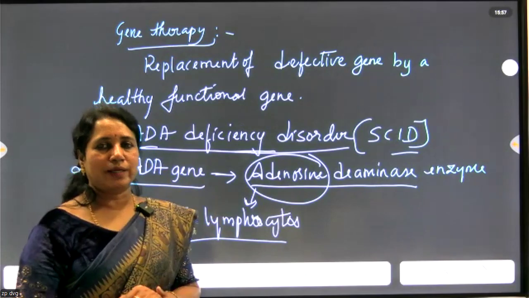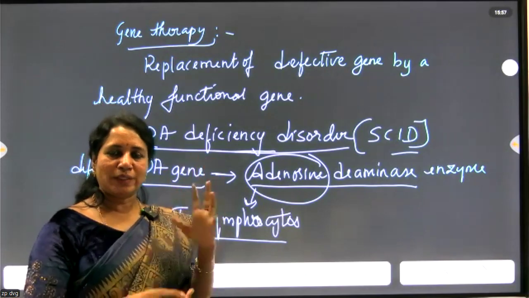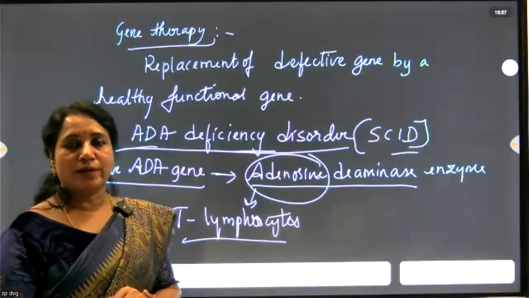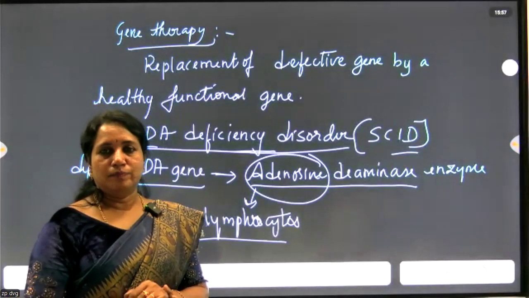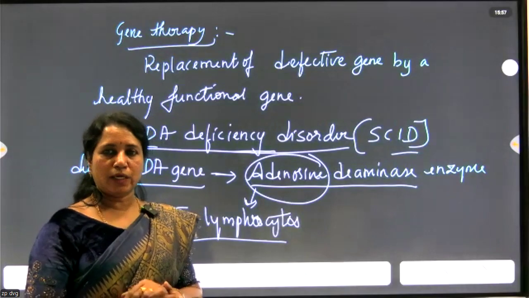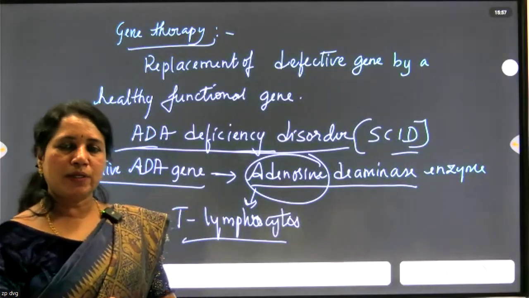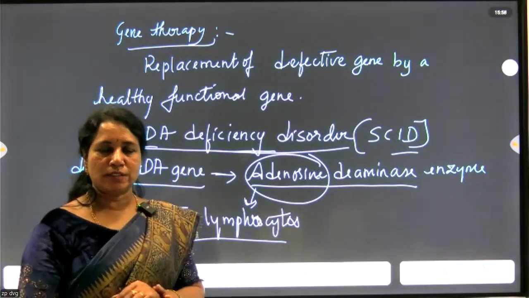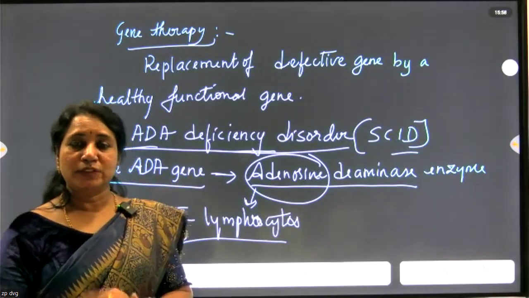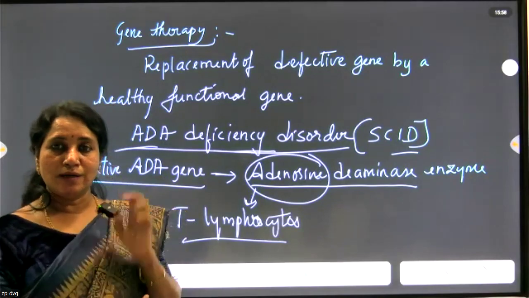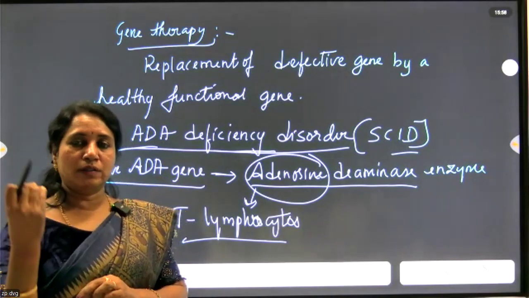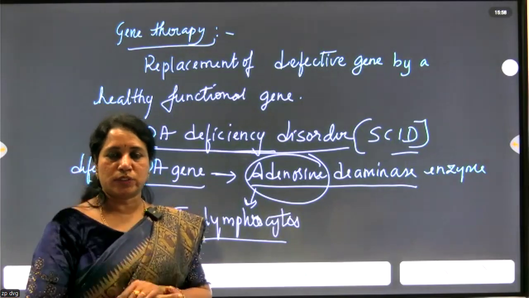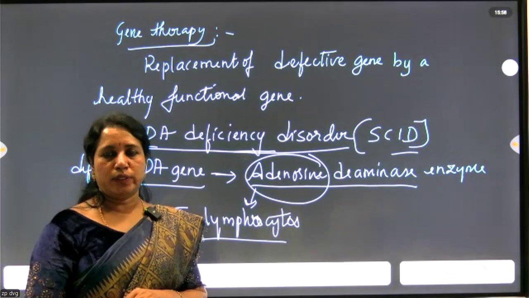Okay, what are the methods used to treat this ADA deficiency disease? One is bone marrow transplantation, the second is enzyme replacement therapy, the third is gene therapy using T lymphocytes, and the fourth is gene therapy using the modified or functional gene incorporated or introduced during the embryonic stage.